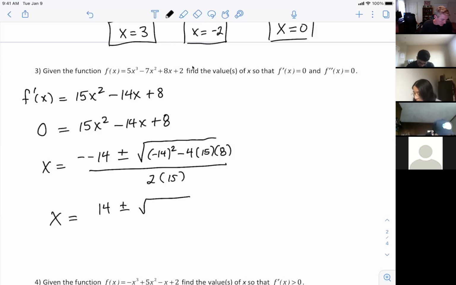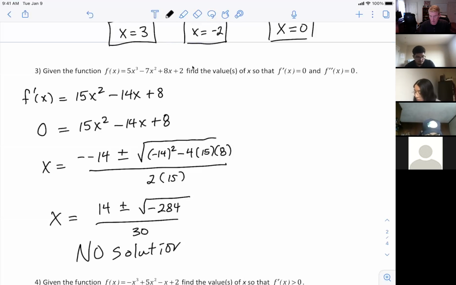So negative 14 squared minus 4 times 15 times 8. And it gave me a negative 284. And the square root of a negative is an imaginary number. It is possible to do calculus with imaginary numbers, but that would be after Math 3A, 3B, and 3C. Throughout Math 3A, 3B, and 3C, we don't use any imaginary numbers. Okay, so that was for the first derivative.